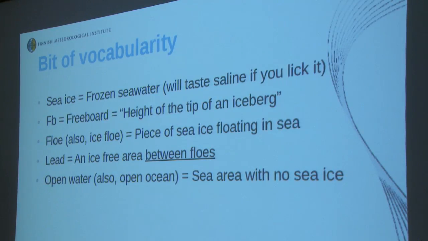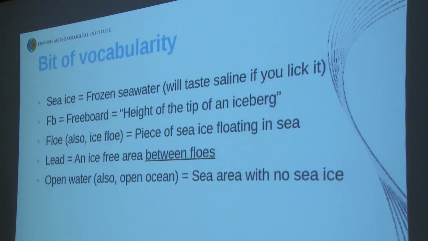This is just to mention that when I talk about sea ice, I do not include icebergs, because icebergs have been carved off a glacier, and that will be something different.